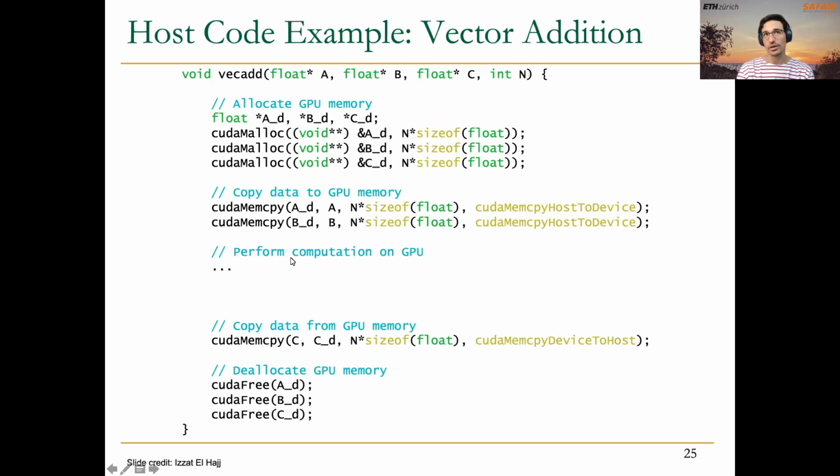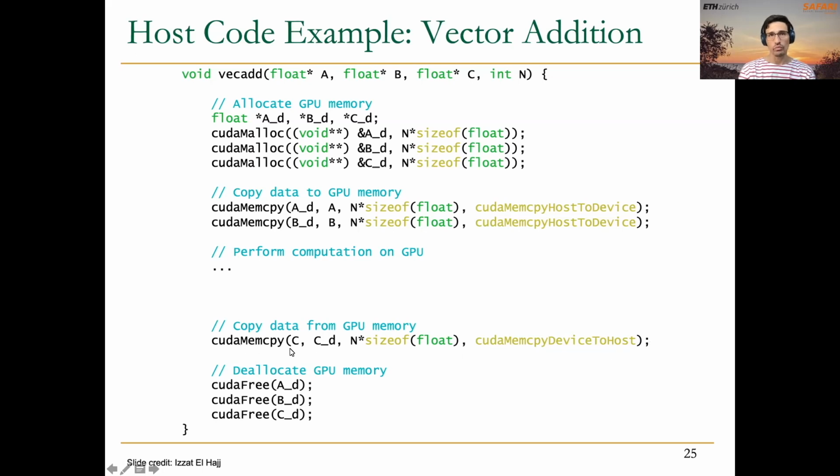Then we would have here the kernel launch, as we are going to see in a couple of slides. But after terminating the kernel, we will have to copy back data from the GPU memory to the CPU memory. That's why now the destination pointer is this C that points to an array allocated in CPU memory, and the transfer now, as you see, is from device to host.